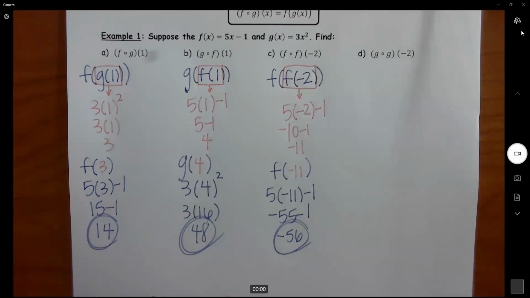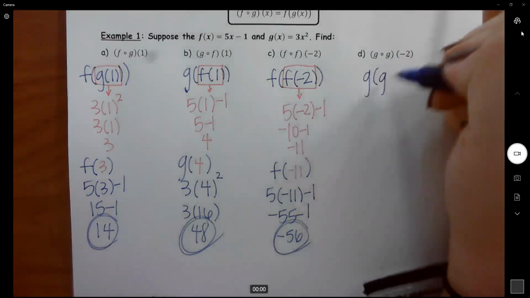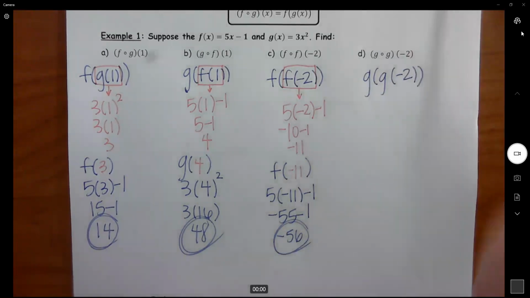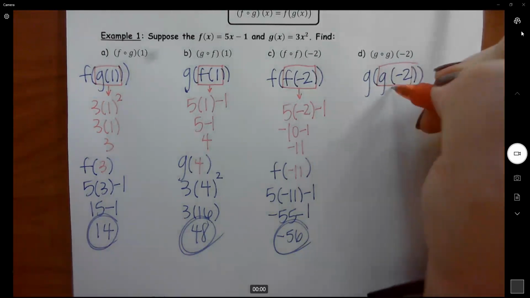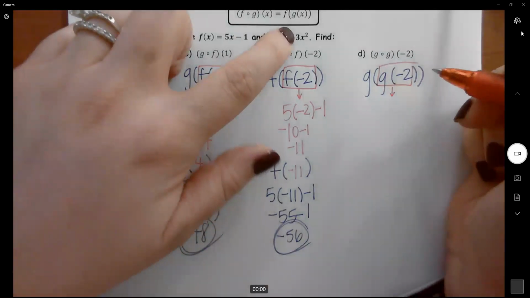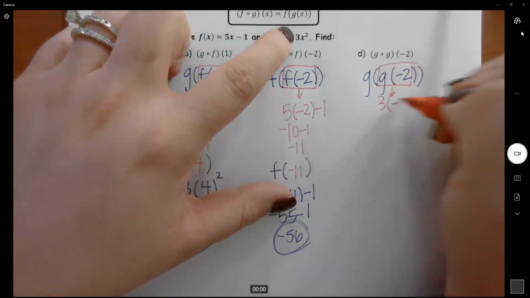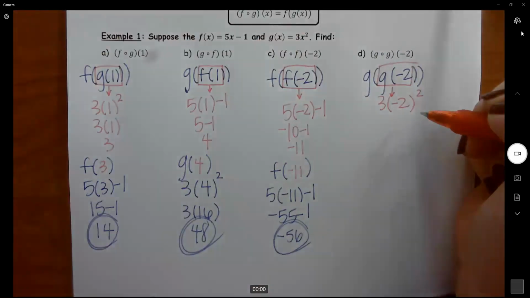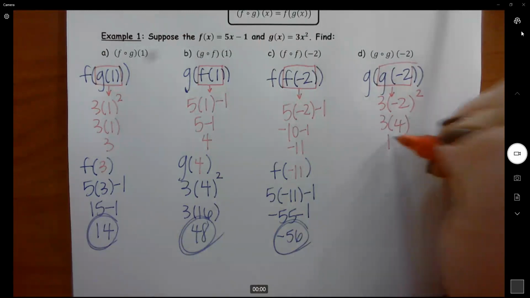And then our last example, g of g of -2. Start on the inside, work your way out. I'm going to take my g function and replace my x with -2. So we have 3 times -2 squared. -2 in parentheses squared is a +4. So this is 12.